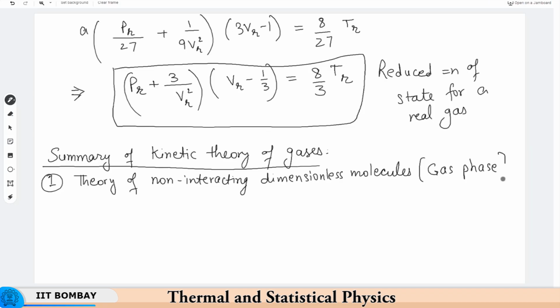So this theory can be strictly applied only to the phase of matter which we define as gas, right? That is one of the limitations. We can't really accurately apply this theory to liquids or solids, okay? But it still gives us a decent way of understanding some interesting thermodynamic variables, like temperature and pressure.